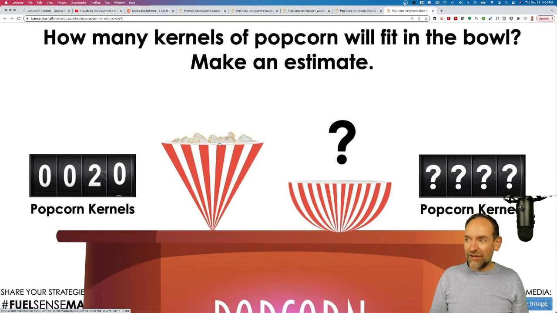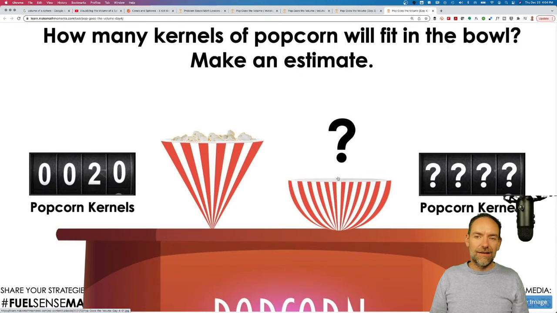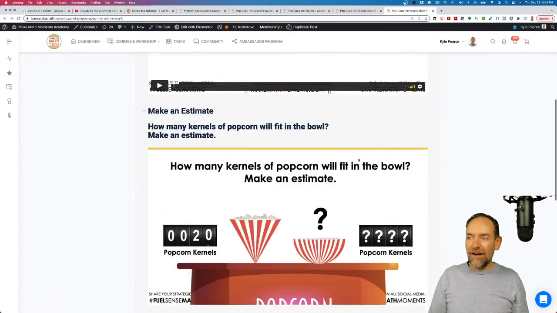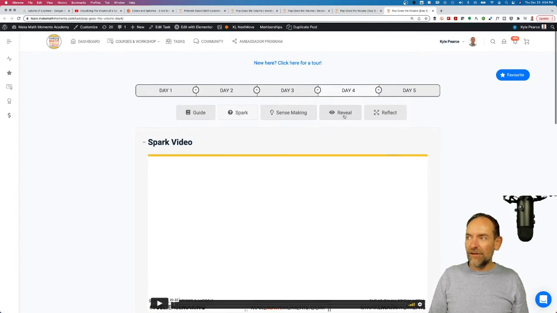They'll see that this entire cone will fit into this hemisphere, which leads students to conclude that the volume of a sphere can be found by doubling the volume of a cone. Holy smokes. Again, given that the cone has the same radius and height as the sphere. So lots and lots of awesomeness in this particular unit.